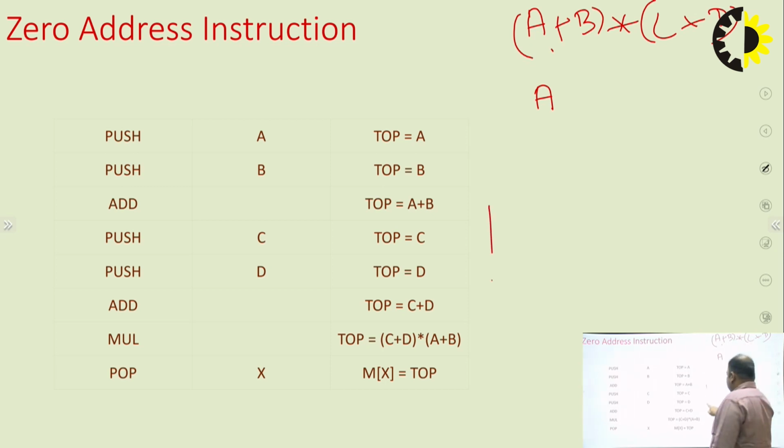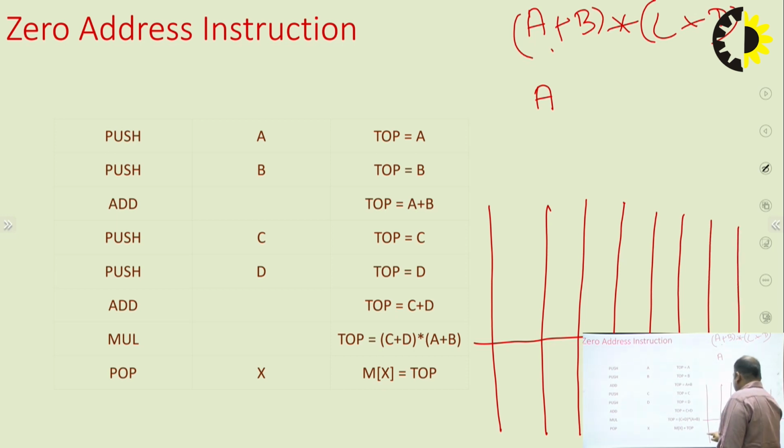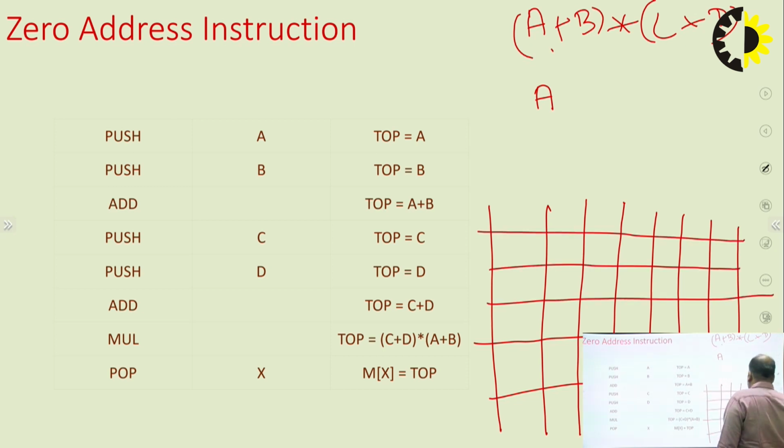If we construct a stack for this expression, first we push our first value, which is A. A is at the top of the stack because there is no data in the stack.